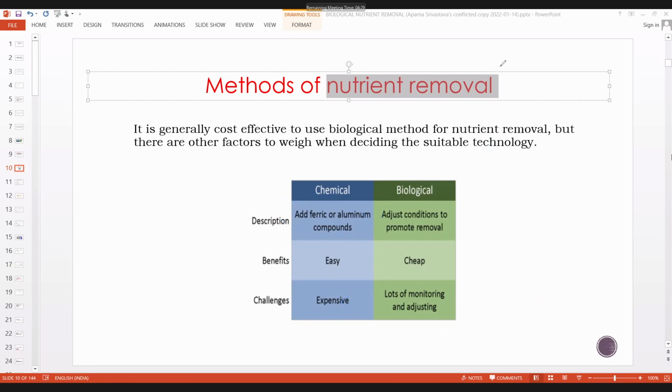So that's why nowadays hybrid system is always preferred. Now researchers are working to develop a hybrid method where they can treat the wastewater with physical plus chemical, chemical plus biological, physical plus biological, any combination, just to overcome these issues.